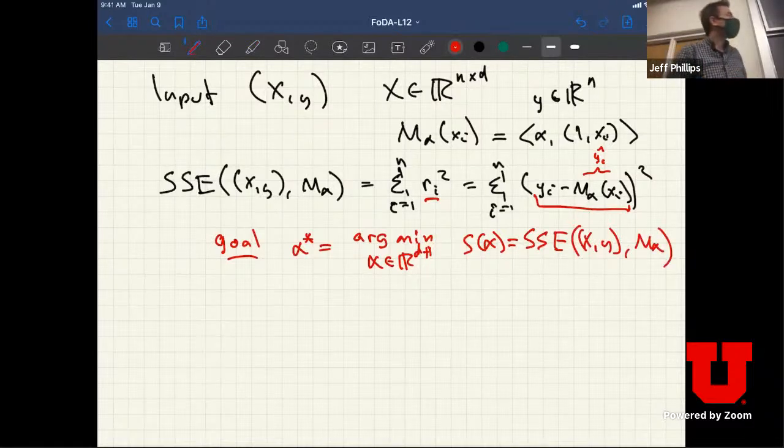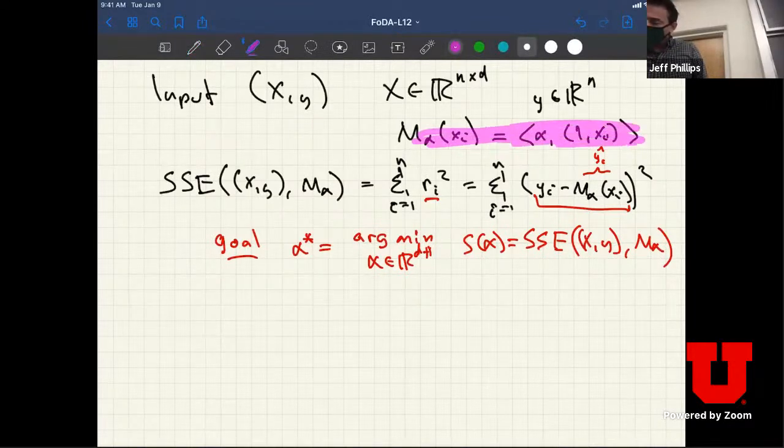So x and y go into this, but I really only care about the parameters in alpha. I want to find the alpha star that minimizes this, and this encodes my model, because this model is just defined by this alpha parameter. If I have that alpha parameter, I can evaluate this model.